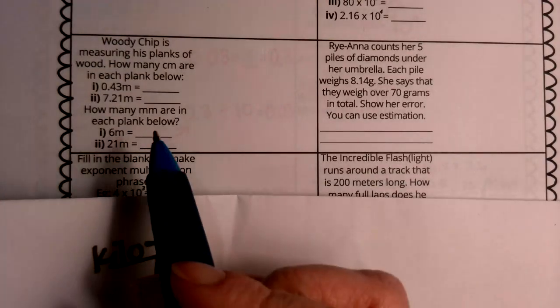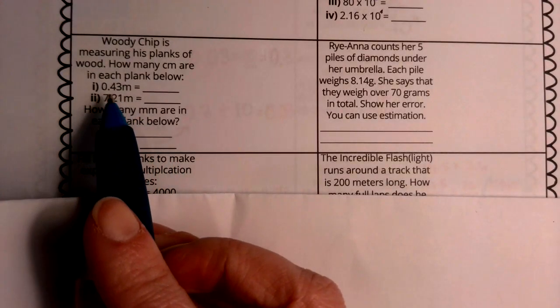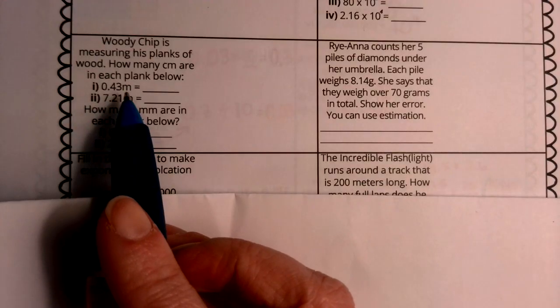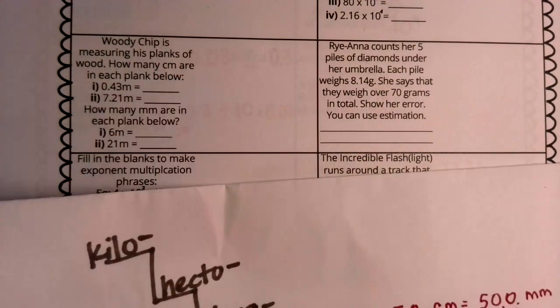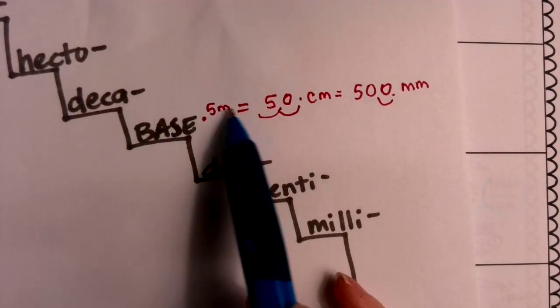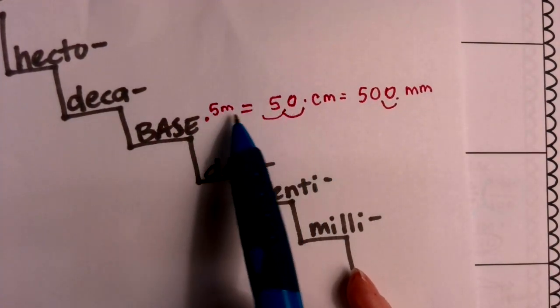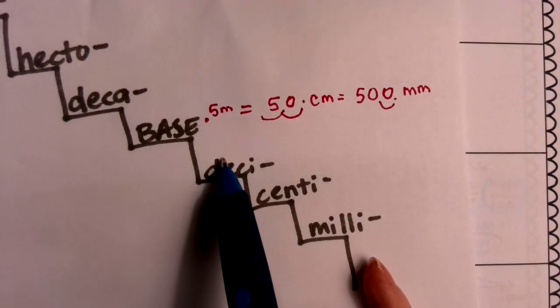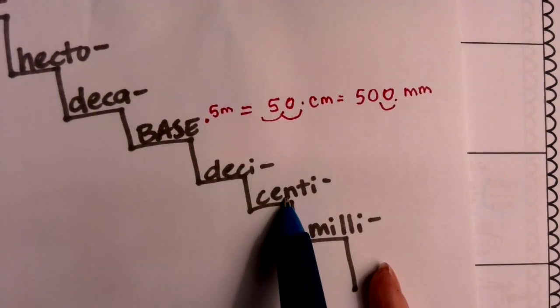What we're thinking about in this one is converting, for instance, 43 meters, the metric measure of length, right? That base unit for length is meter, but we're going to convert it to centimeters. So to go from meters to centimeters, remember what we did earlier this week. When we go down the metric staircase, for each movement down, we're multiplying by 10.